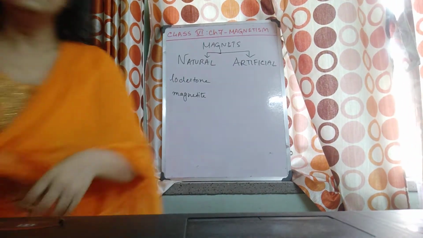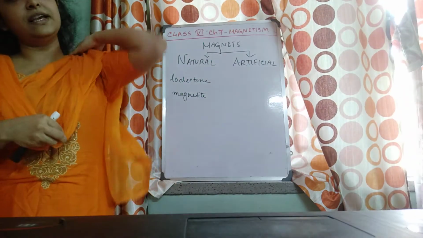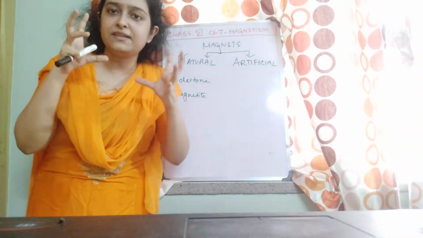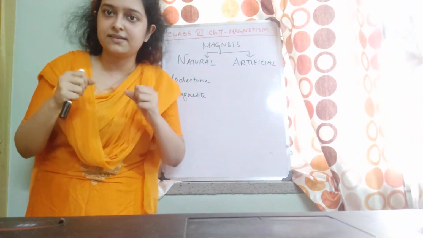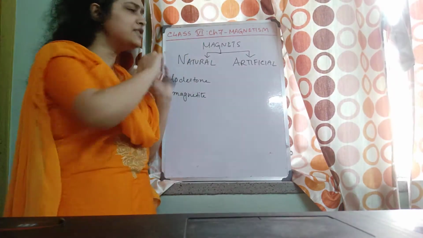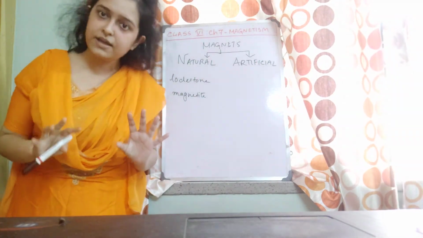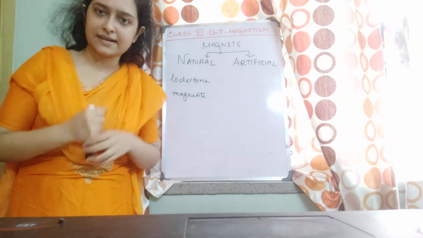So this is the advantage of the artificial magnets. We can give different shapes and sizes to these magnets. This is an advantage of artificial magnets over natural magnets. Natural magnets are present naturally; we have not made them from any magnetic substances.